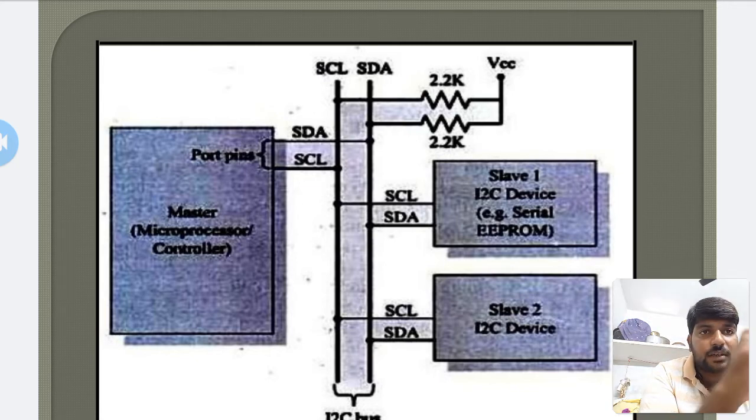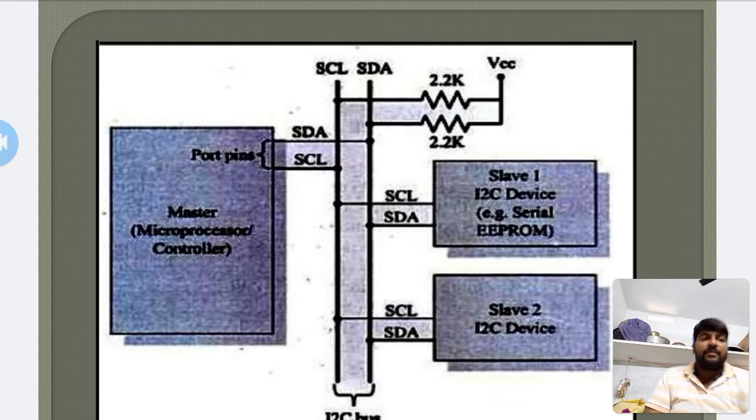SCL is connected to the SCL bus connection and SDA to the SDA connection, and the master is similarly connected to these two buses. According to the commands given by the master, the slaves operate. So this is the I2C bus model.